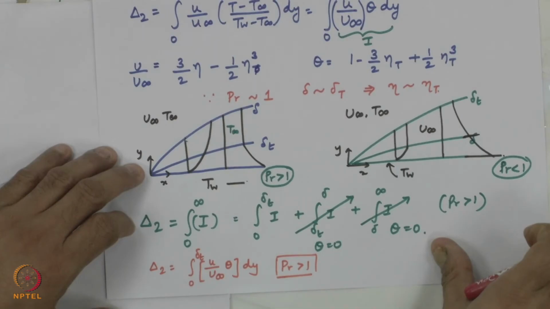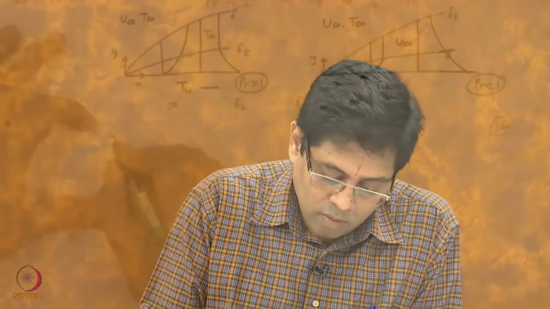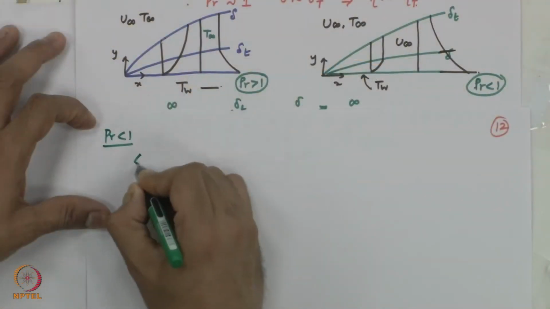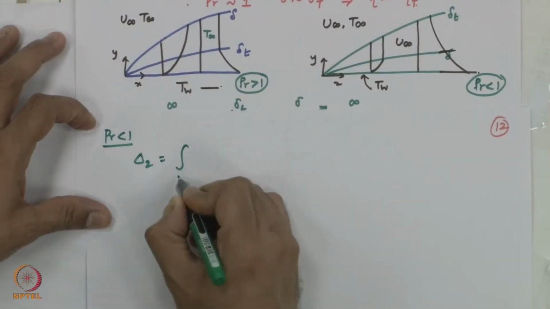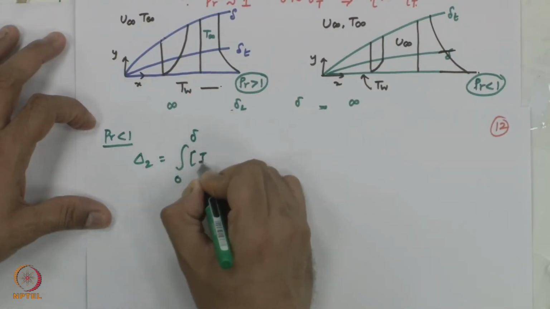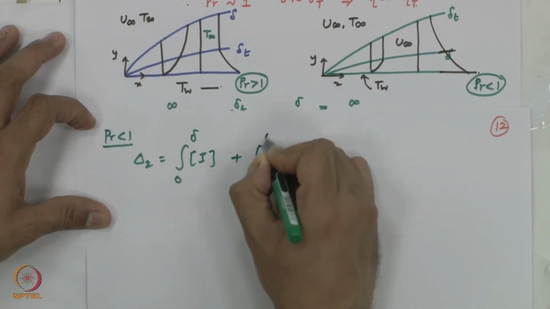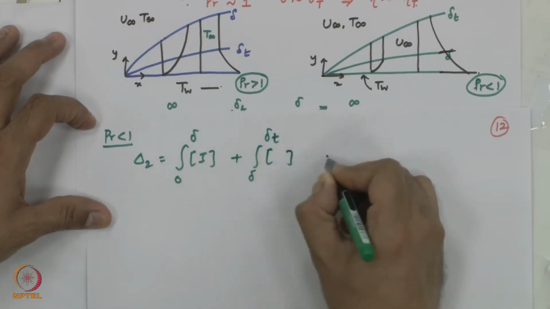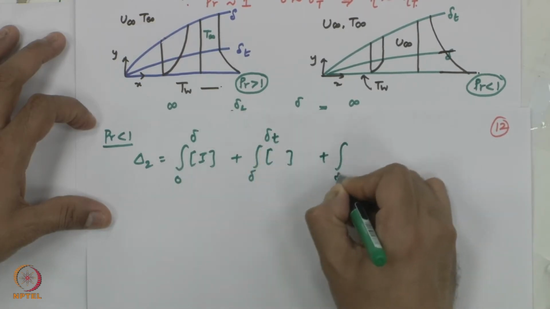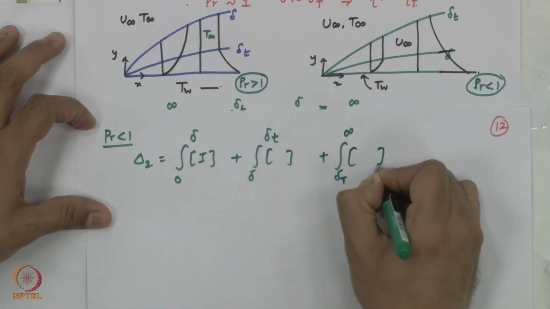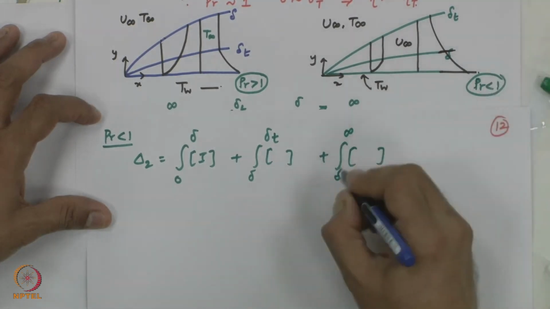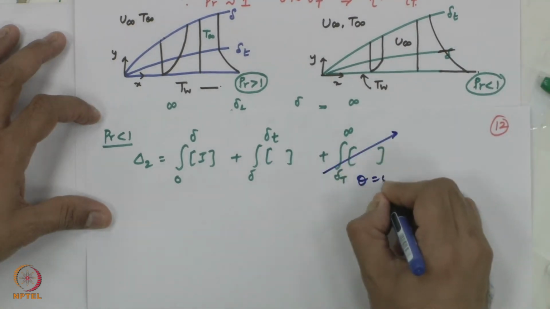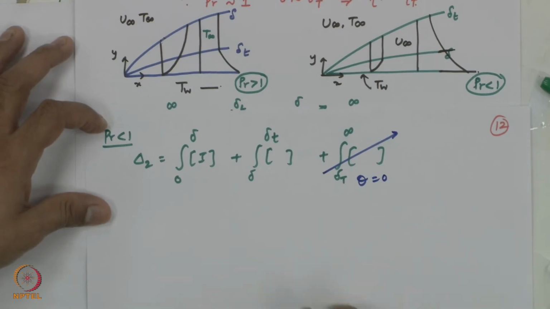For Prandtl number less than 1, I will write this expression this way: delta 2 will be evaluated from 0 to delta, plus delta to delta t, plus delta t to infinity. Delta t to infinity anyway is 0 because theta equal to 0, where T equal to T infinity.